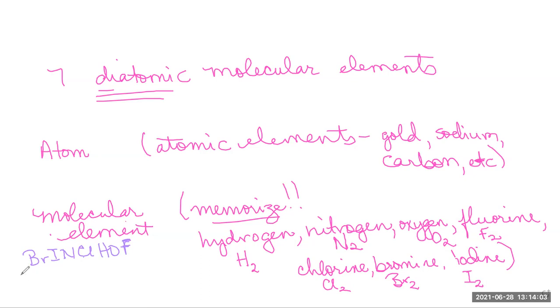Have no fear of ice cold beer. Hydrogen, nitrogen, fluorine, oxygen, iodine, chlorine, bromine. But please make sure you memorize these. All right, and now that I've introduced you and shown you some formulas, let's move on to compounds and formulas next.